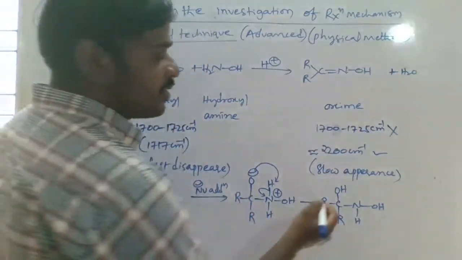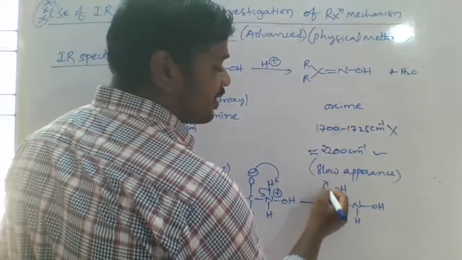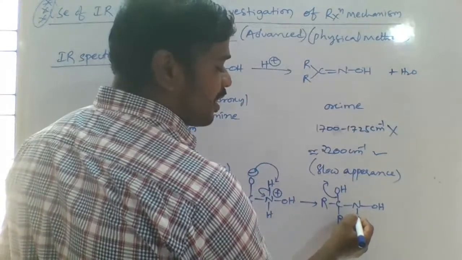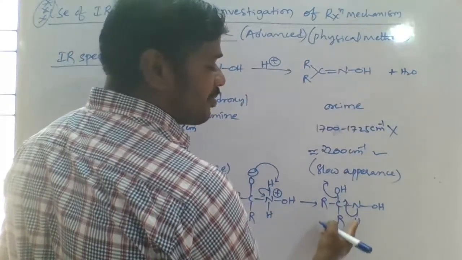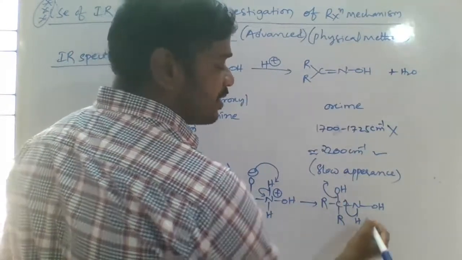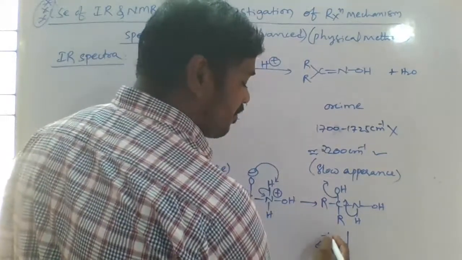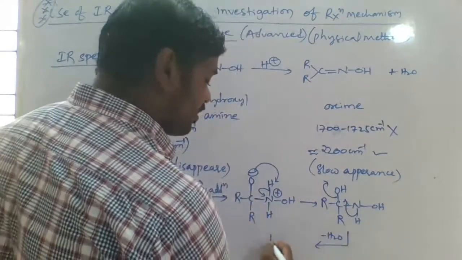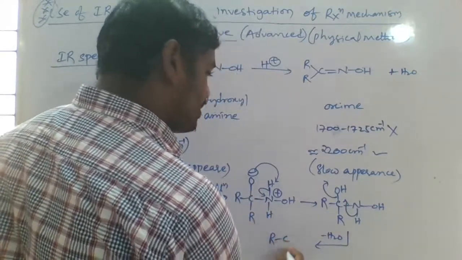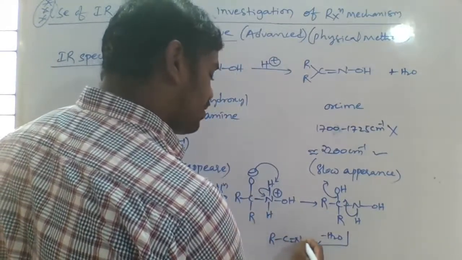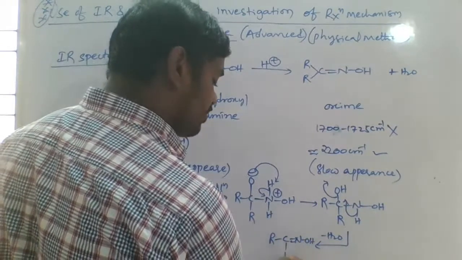The bond pair of electrons is taken by this OH, the bond pair shifts, and simultaneously H plus and OH minus are lost as a water molecule. Then C=N-OH, with R and H, is formed.